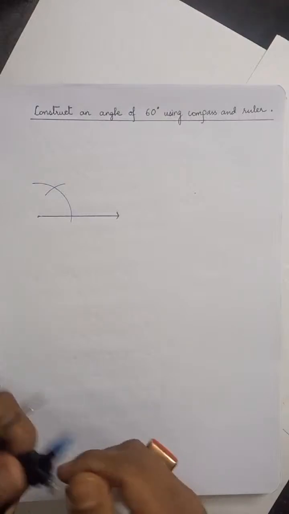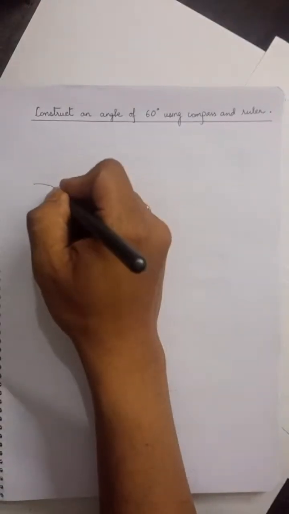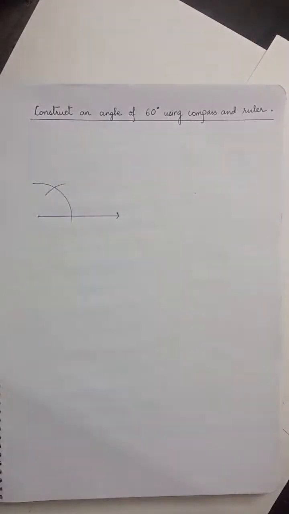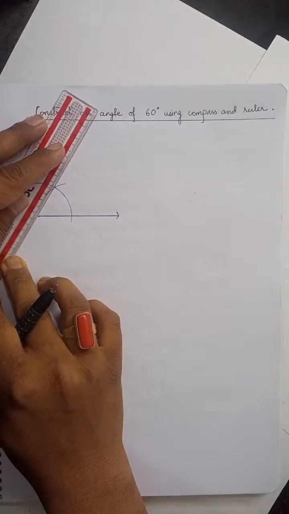Now we can change the measurement if you want. We will mark the points, and then we will draw another ray through the two intersecting points.